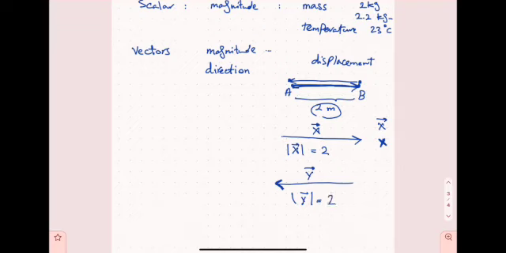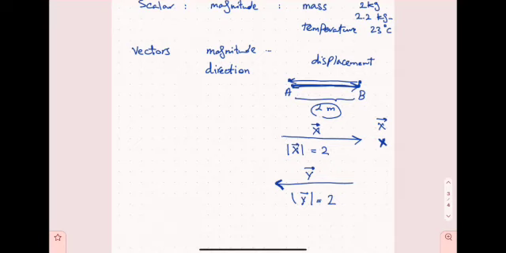So they have the same magnitude, but opposite directions. So now it's clear why it's very important to use vectors, because we are not dealing with only magnitudes, but also directions in a space.